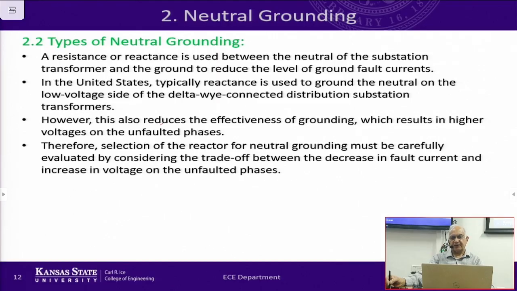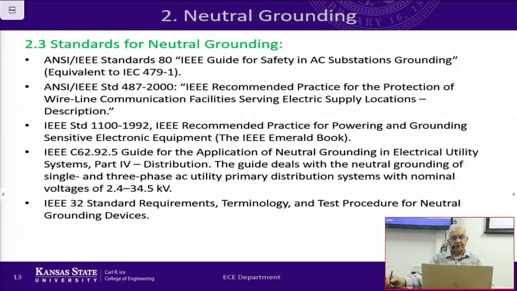Okay, so that's something important. Now, I'm not going to talk about too many details about this grounding situation, but if you are interested, there are multiple standards that discuss more details on grounding, and they are listed in this particular slide.